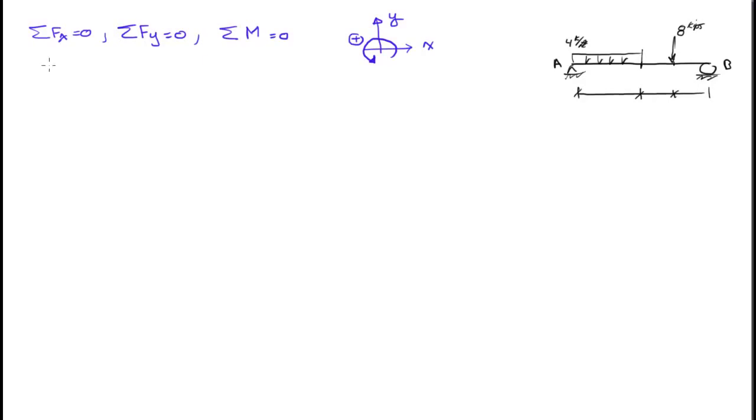Okay, let's first draw the free body diagram for this beam. Oh, I forgot to put the lengths here. So let's say this is 4 feet, 2 feet, and 2 feet. Okay, the free body diagram for this beam should look something like this. So that's the beam.